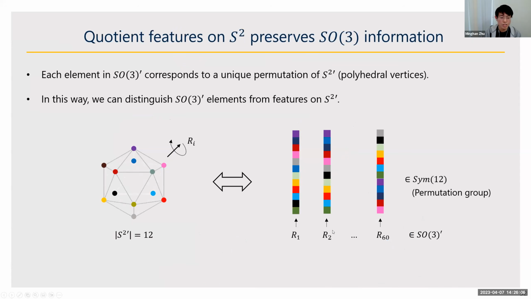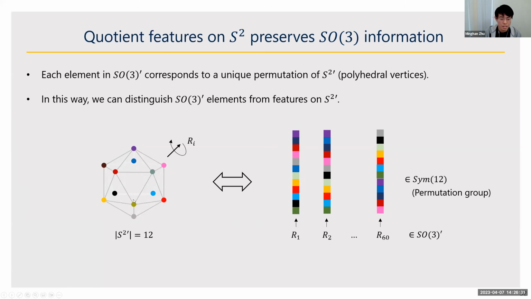And we actually can show that by working on only 12-dimensional features, we can still recover the 60 rotations of the polyhedron. This is by permutation. If we order these 12 vertices in a certain way, we can flatten them into a vector.